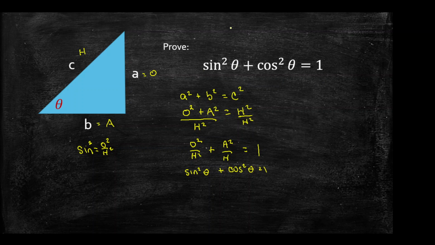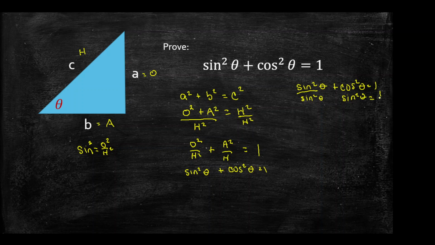Now, there's a couple of other things I could do to these. Taking just sine squared theta plus cosine squared theta, and if I divided this whole thing by, let's say, sine squared. Probably should have done cosine first, but that's okay.